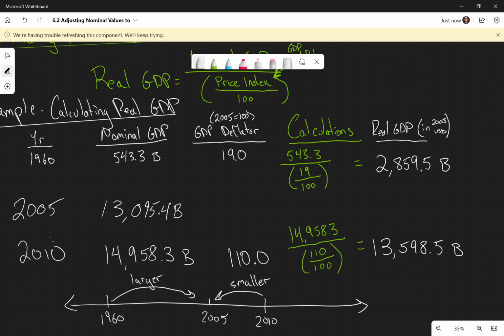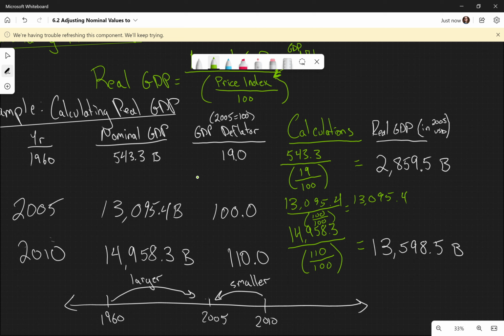So 2005 is our base year. Here, let's do it together. So we're going to take this value, 13,095.4. The GDP deflator for this particular year is 100. So we're going to divide this whole thing by 100 divided by 100. 100 divided by 100 is just 1, right?